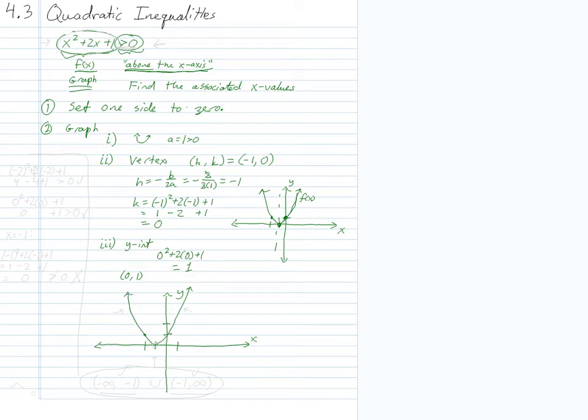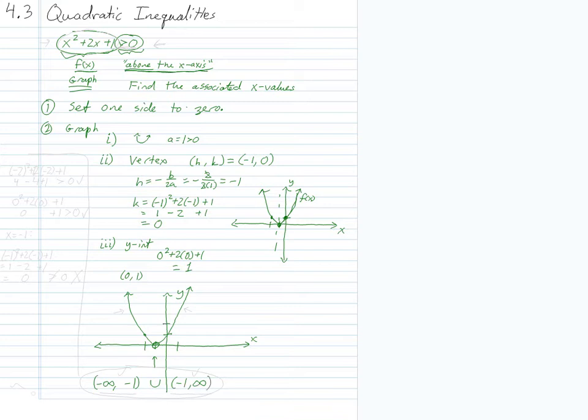The only part of our graph which does not lie above the x-axis is that one point where our graph is on the x-axis. So every single point on this parabola, except for the vertex, is above the x-axis, and the x-coordinates associated with that are negative infinity up to -1, not including -1, union -1 to infinity.